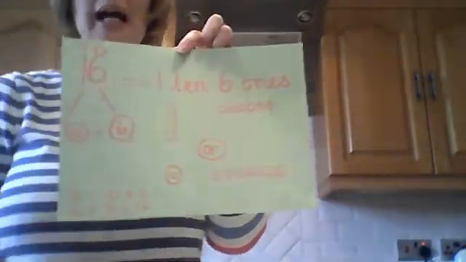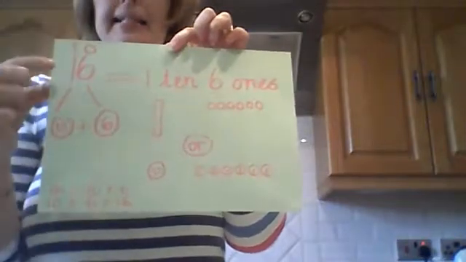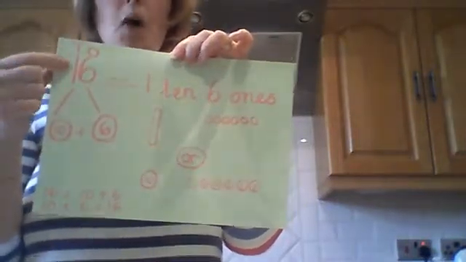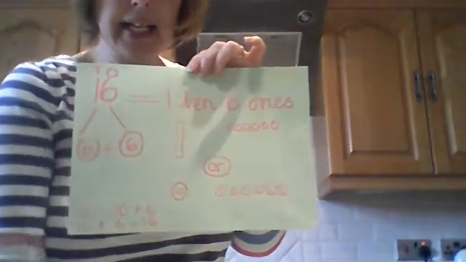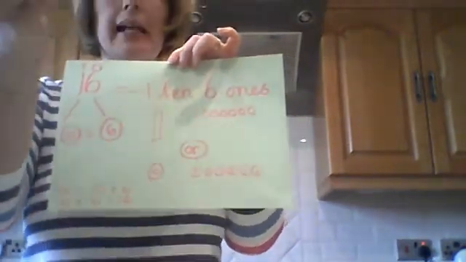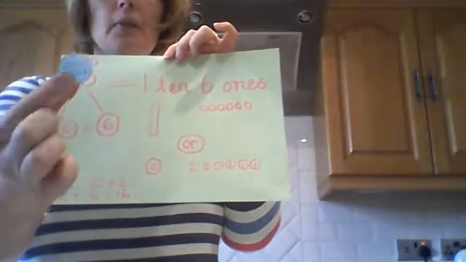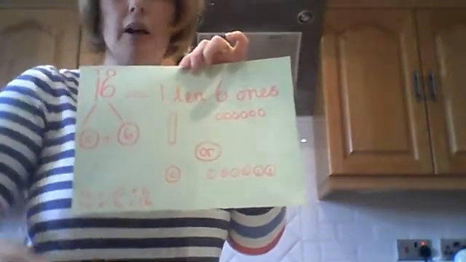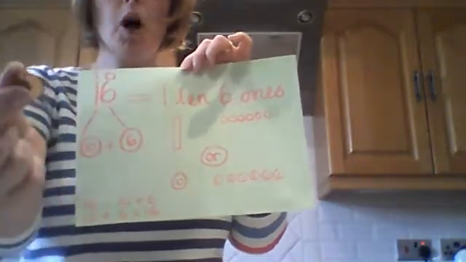The last thing that we're going to have a look at today is making numbers in different ways. Look at mine. I've got the number 16. I know that it's got 1 ten and 6 ones. Look, I can use money. I've got a 10 pence, so 10, and I've got 6 1p's.